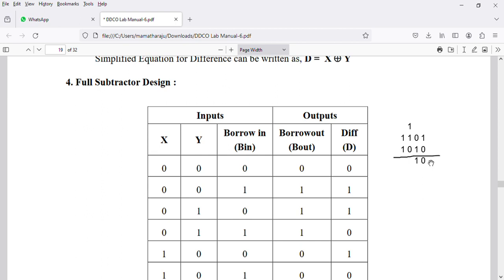That is, 1 minus 0 will be 1. 0 minus 1 cannot be computed, so we take a borrow and here we get 1. We can't compute 3 inputs with a half subtractor, so the full subtractor came into existence.